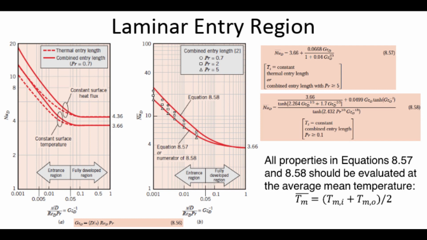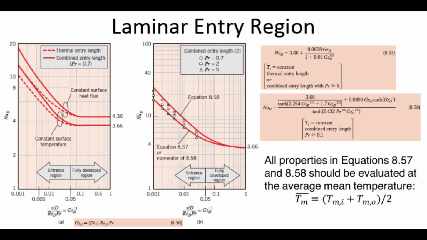Or it applies to flow with a very large Prandtl number, which means our thermal entry length is much larger than the hydrodynamic entry length. More or less we can consider the thermal temperature profile developing with a fully developed velocity profile. The dashed lines give us the solution for high Prandtl number values.